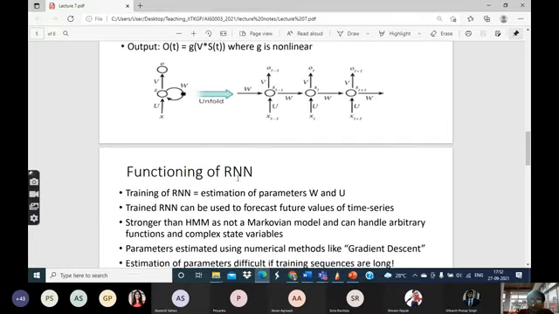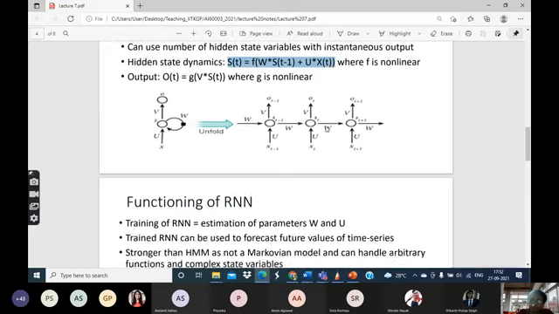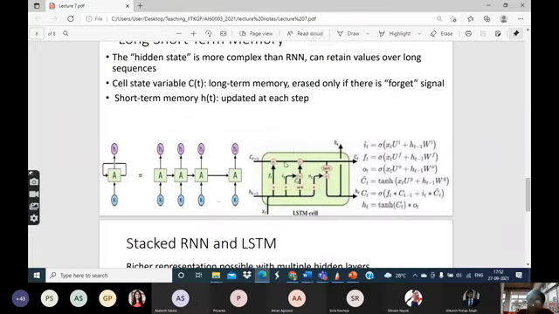In the case of the RNN, there was a single hidden state variable S, calculated according to a simple equation. Now there are two different things. One is the short-term state, or short-term memory, which we call H. The other is the long-term memory, which we sometimes call the cell state, called C.